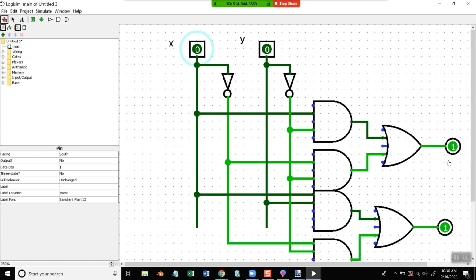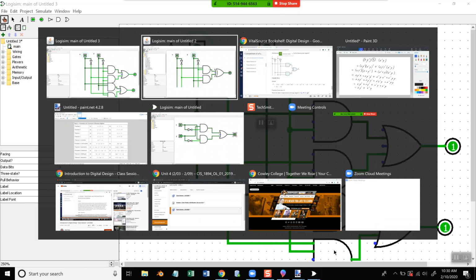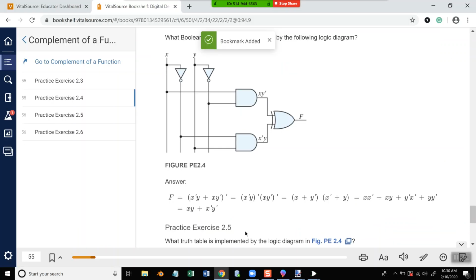Which means we're both wrong, assuming I designed the circuit correctly here. X and Y come into those. Not X, not Y. That would match theirs. For this, it's pretty obvious.